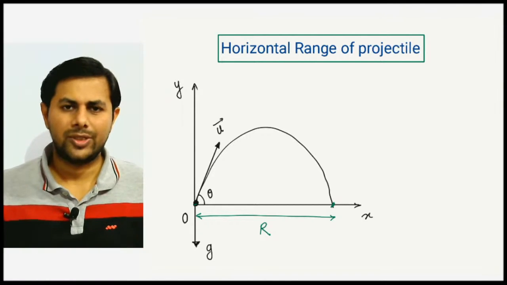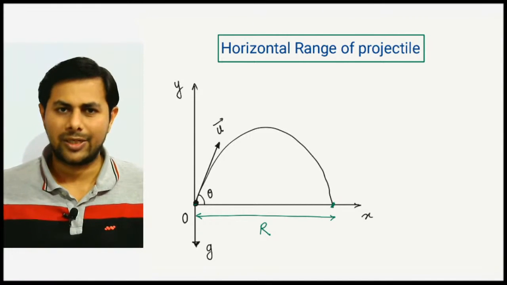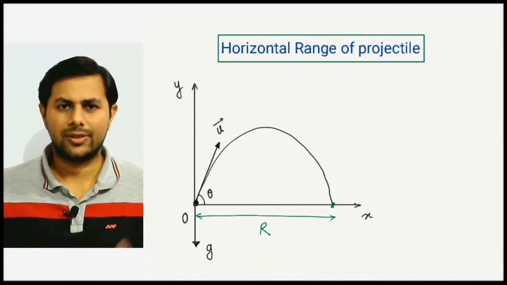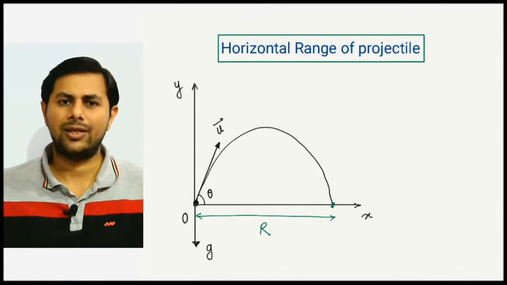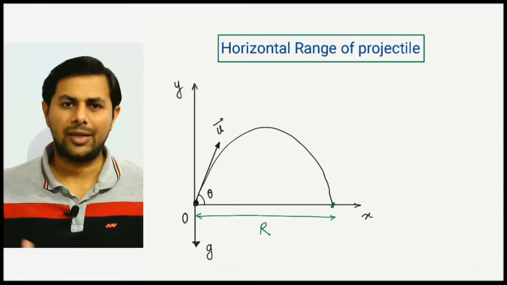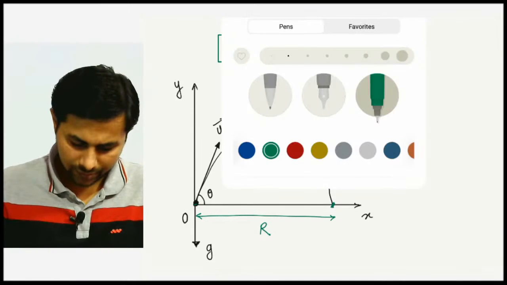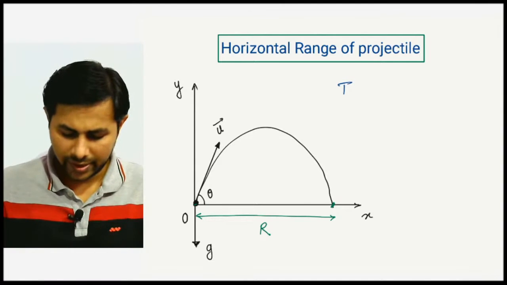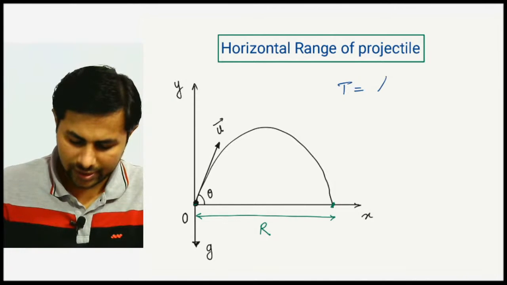So if we substitute y equals 0 into the second kinematic equation of motion, which is the relation between position and time, then we get the time taken by the projectile to reach this position, or the time for which the projectile was in air. t is the time for which the projectile is in air. It is known as time of flight.